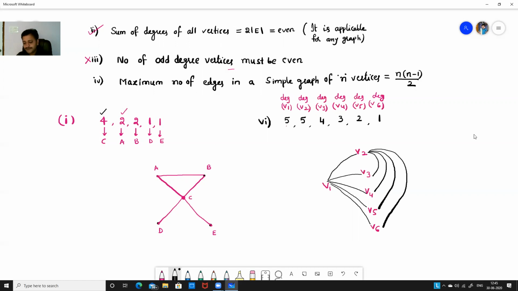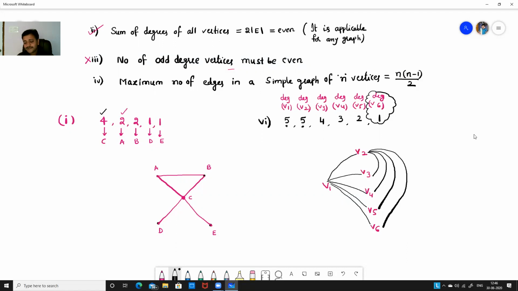Now please understand, if there are 2 vertices of degree 5, then definitely we cannot find a vertex V6 whose degree is 1. Will you accept this sentence or not? Because V1 is adjacent to all the remaining vertices, and V2 is also adjacent to all the remaining vertices. Then how can I find a vertex whose degree is 1?